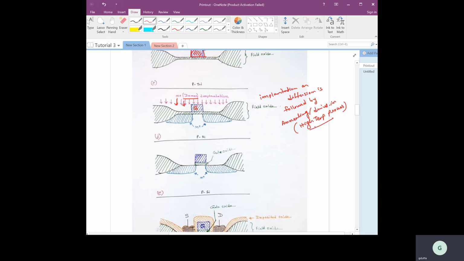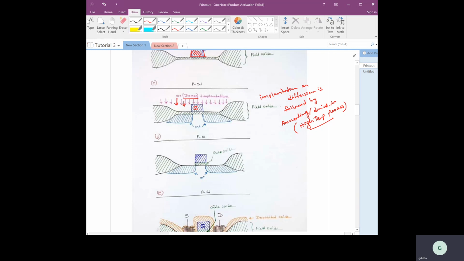So that's why we need to use some material for the gate. This gate should be formed by some material which can withstand this high temperature. That is one of the reasons why polysilicon is preferred for making this gate electrode in the self-aligned technology, right?